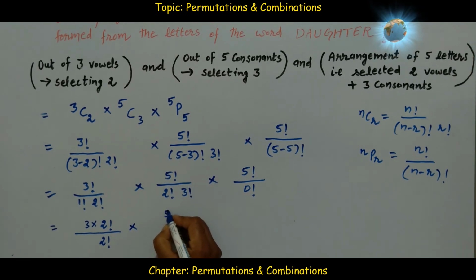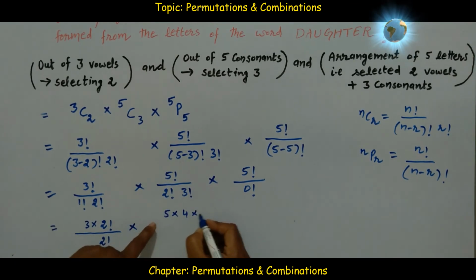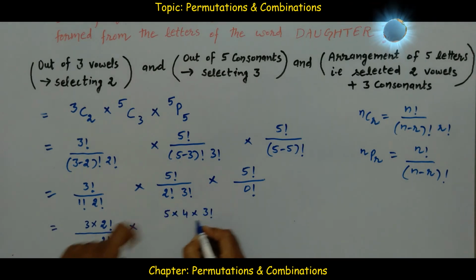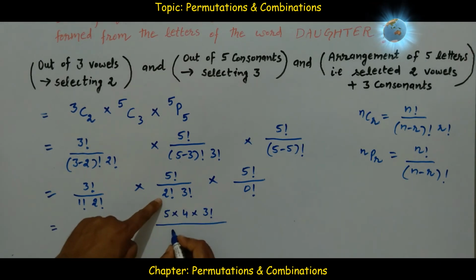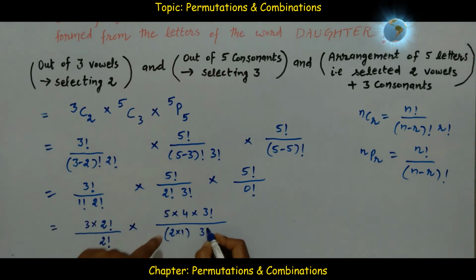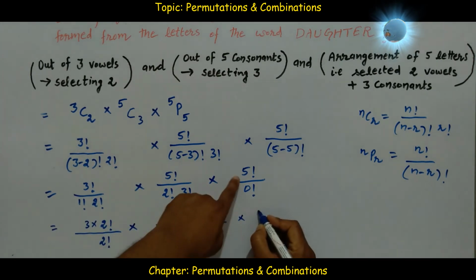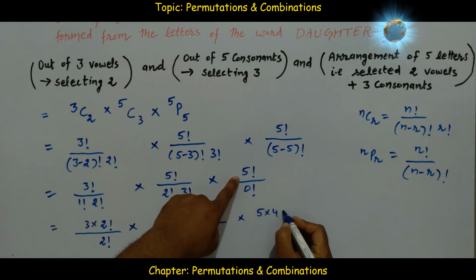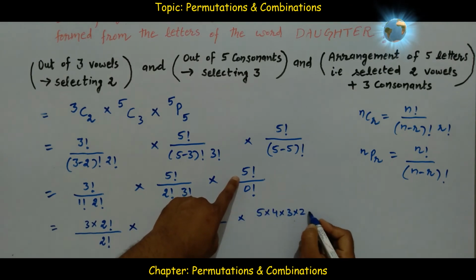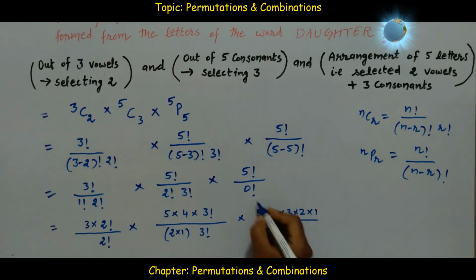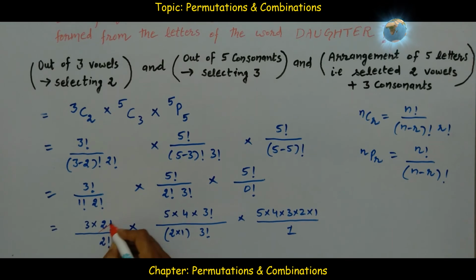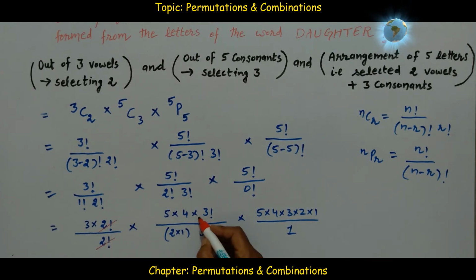We can write this as 5 into 4 into 3 factorial, so that the cancellation rule may be applied. 2 factorial means 2 into 1, this is 3 factorial, into 5 factorial means 5 into 4 into 3 into 2 into 1, divided by 0 factorial, which means 1. Now this 2 factorial cancels, 3 factorial cancels, 2 ones are 2, 2 twos are 4.